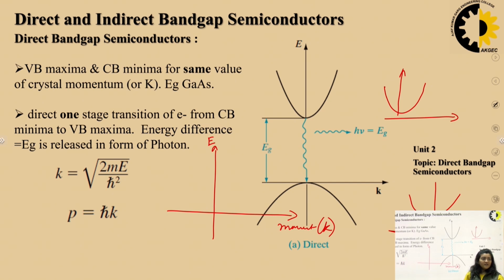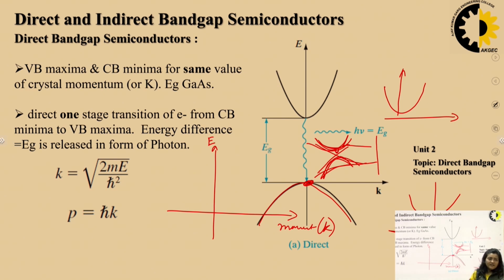The valence band has its maximum at this point, and this is the lowest here, as we saw in the last slide.